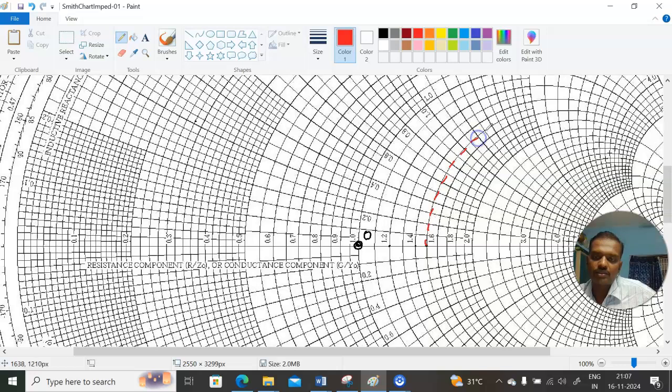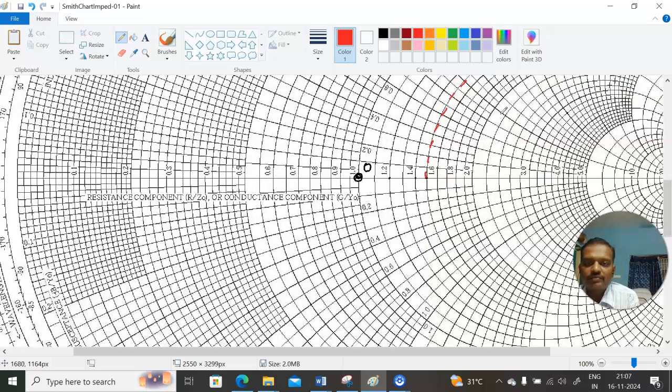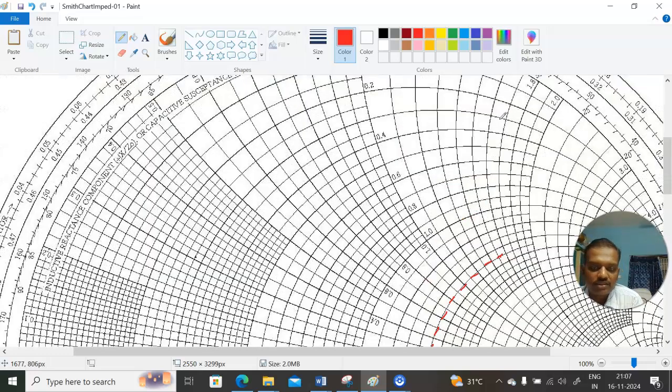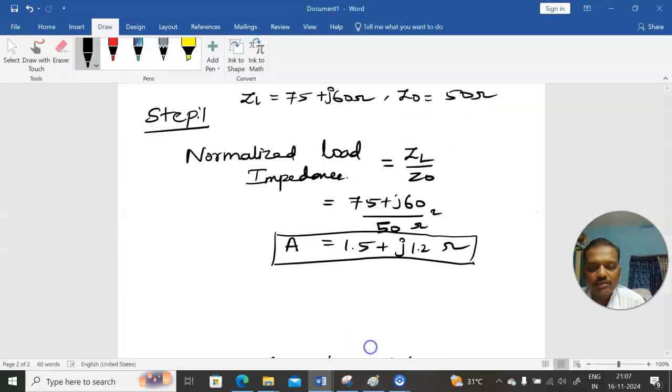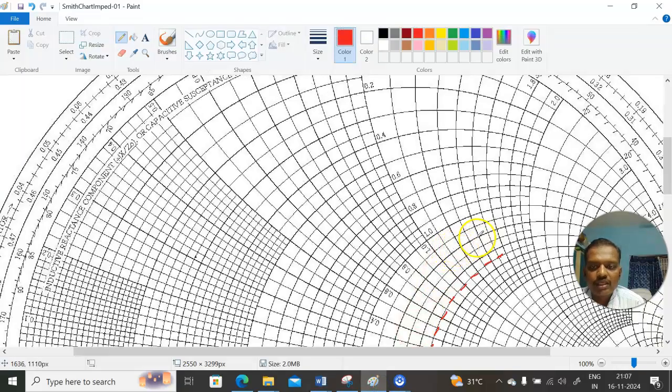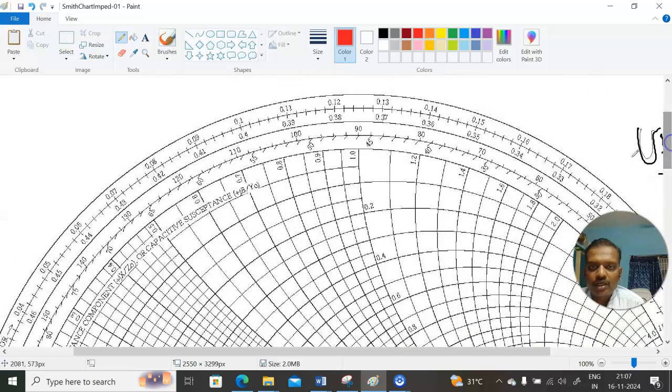This is the real value, followed by the imaginary value. In the given question, the imaginary value is 1.2, which can be marked from the outer circle.